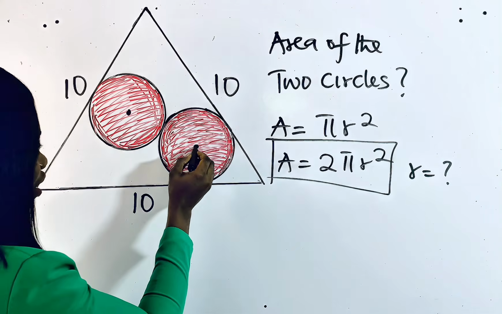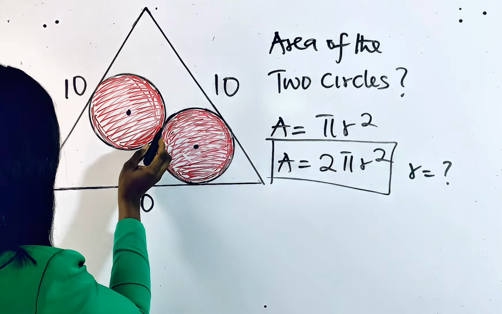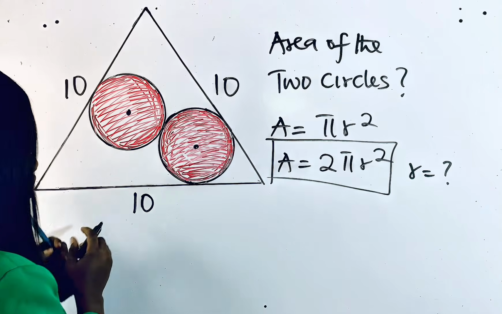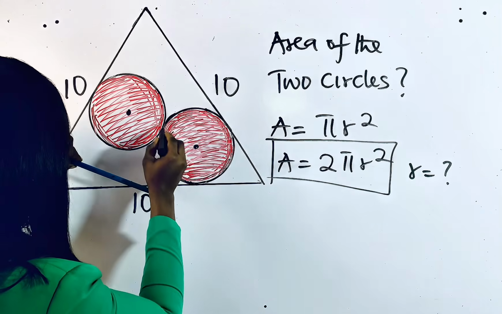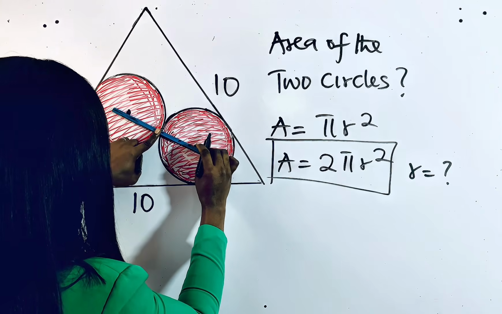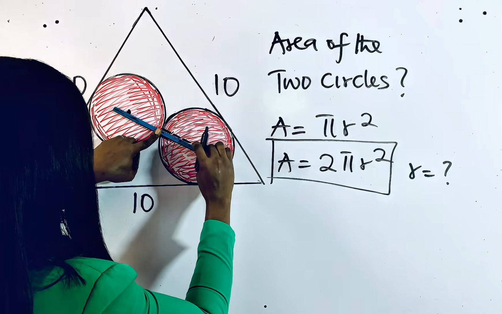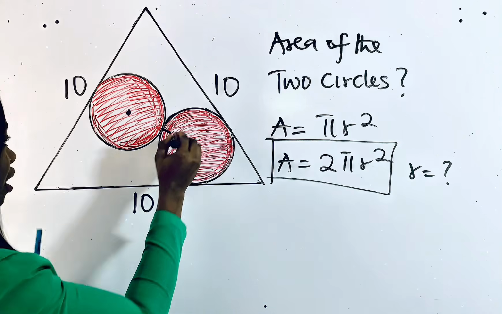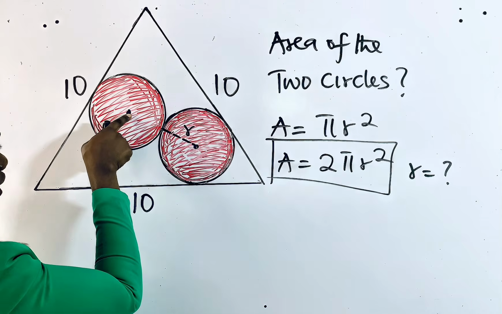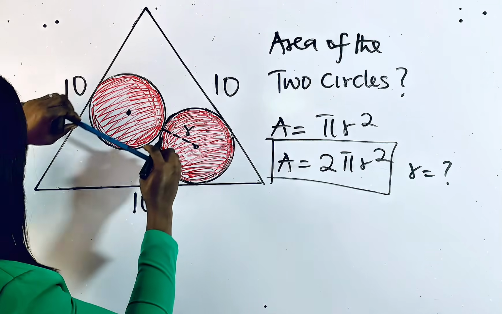If this is the center, then I'm targeting this intersecting point, so I can join my line to this point. So from here to here gives me my radius. This is my radius, and this is measured r. I can also get my radius from this center to touch this point. And this is what I have.